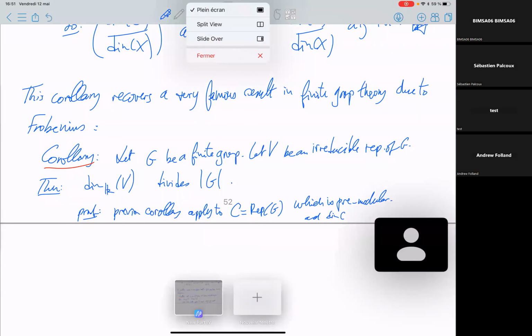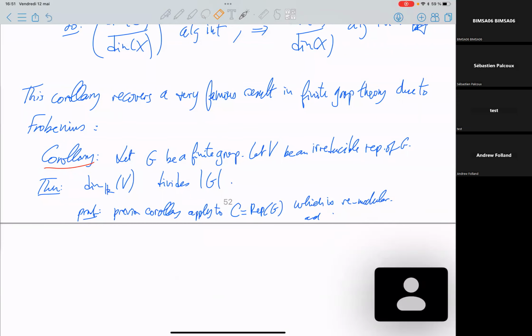Pseudo-unitary: the dimension of C equals the Frobenius-Perron dimension of C, which equals the order of the group.